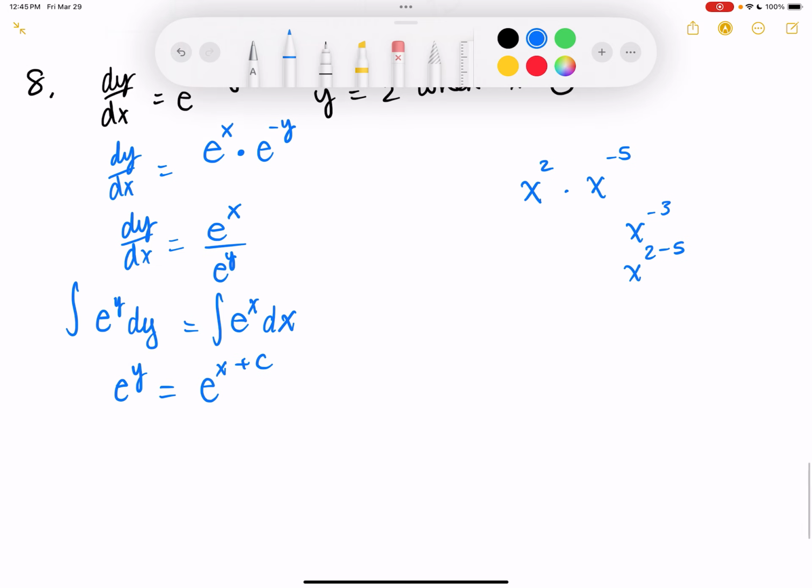So then I can do the ln of both of those. Well, I guess it's technically the ln of those things. So I guess we did it in the reverse order the other day. But the ln of e to the y would just be y. Then the ln of e to the x plus c would just be x plus c.